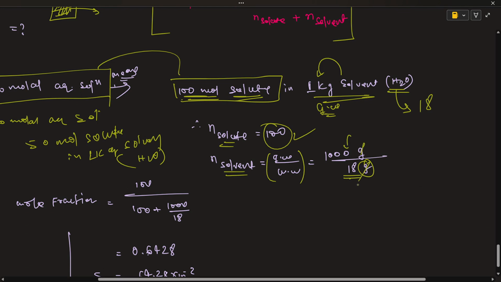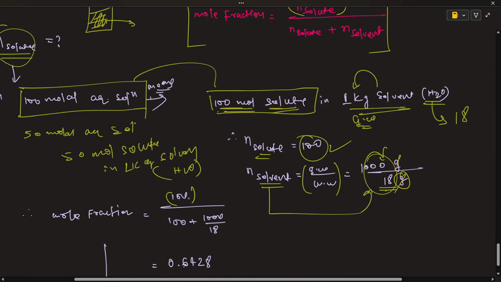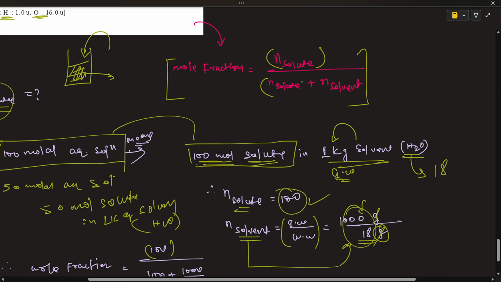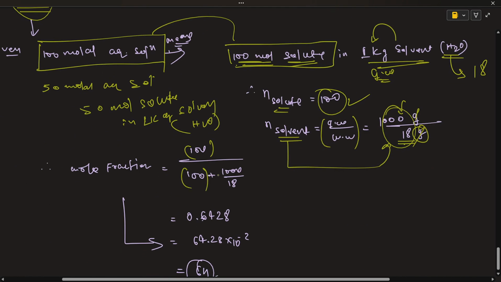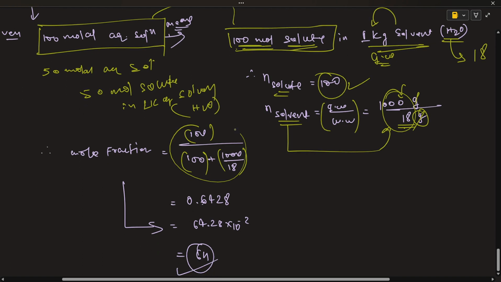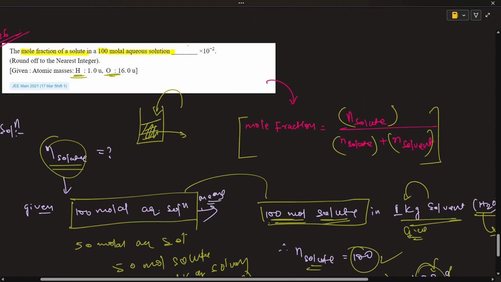So we have to write the numerator also in grams, so that the gram will cancel and this will be the moles of solvent, right? So just put these things in this formula. Moles of solute, here I have put 100, and moles of solute plus moles of solvent. The moles of solute is again 100, same thing, and plus this is the moles of solvent. Once you solve this part, you will get 0.6428.